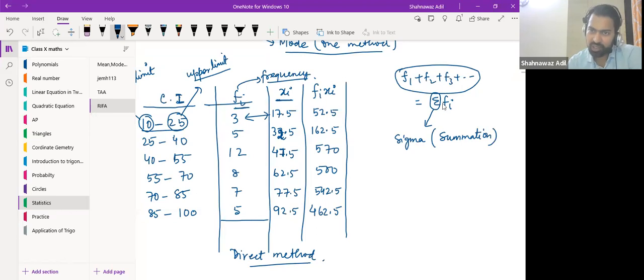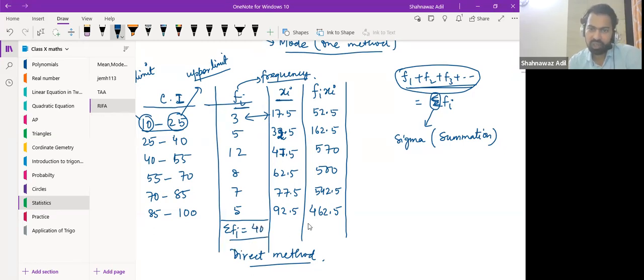This defines the sum of all the frequencies. So the sum of all the frequencies would be 3 plus 5 plus 12 plus 8 plus 7 plus 5. So 40.